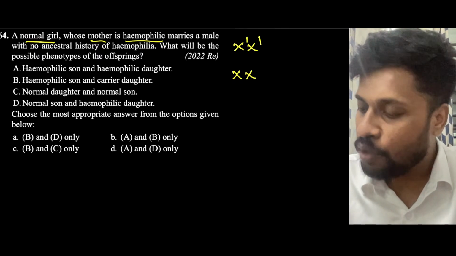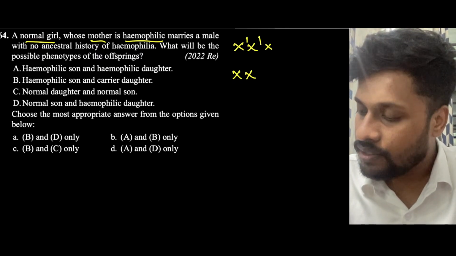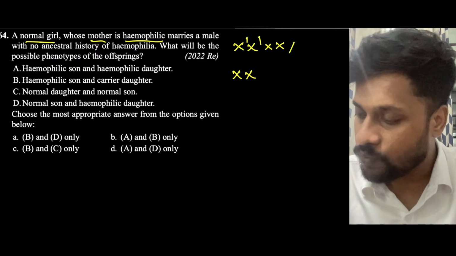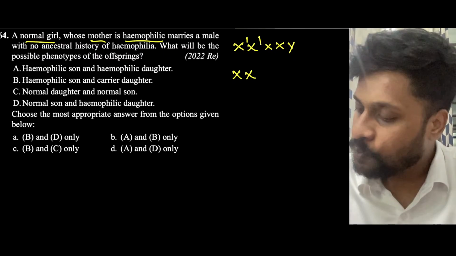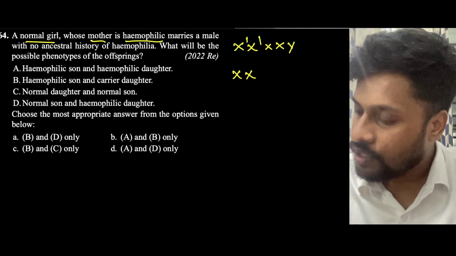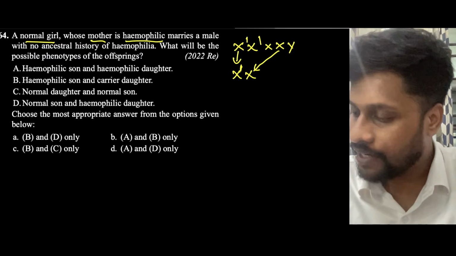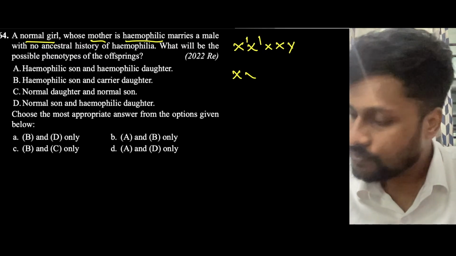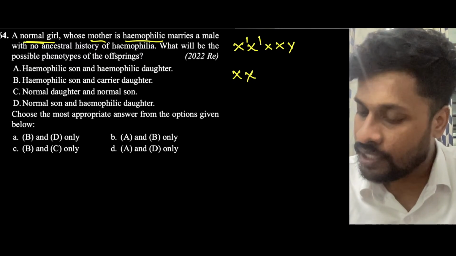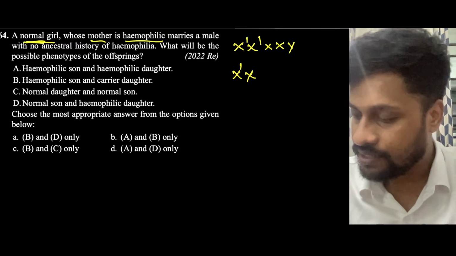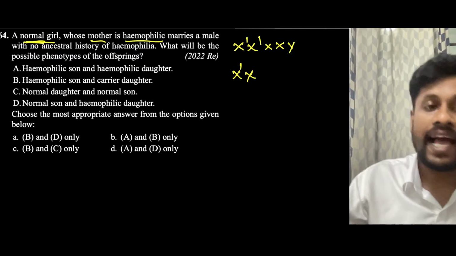If this hemophilic mother is mating with her father XY, at least one X will be coming from the father, and another X will be coming from the mother. So one X should contain X', right? Hence the girl is X' X, a carrier girl.